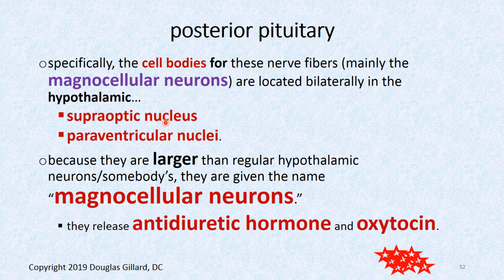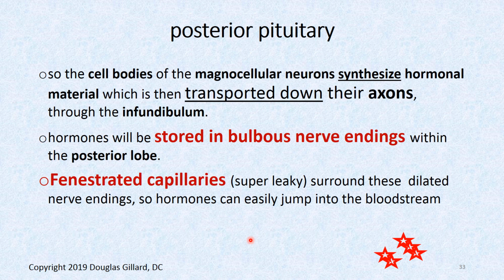They have regular neurons as well, like most nerves do, but they have these gigantic ones called magnocellular neurons. That's where ADH comes from, antidiuretic hormone. They also make oxytocin. So magnocellular neurons are really, really important. Not good to have a mutation in the magnocellular neurons. It causes problems, which we'll talk about.